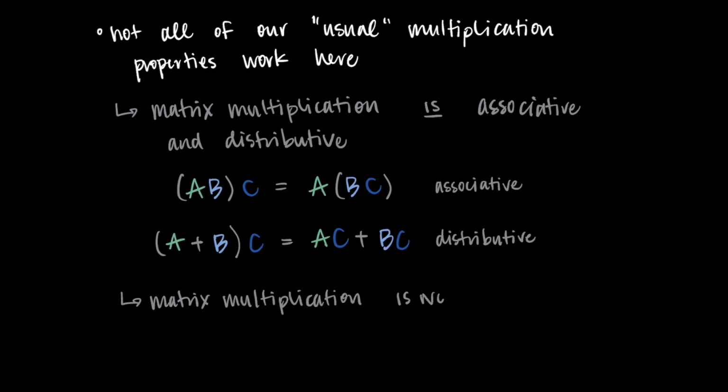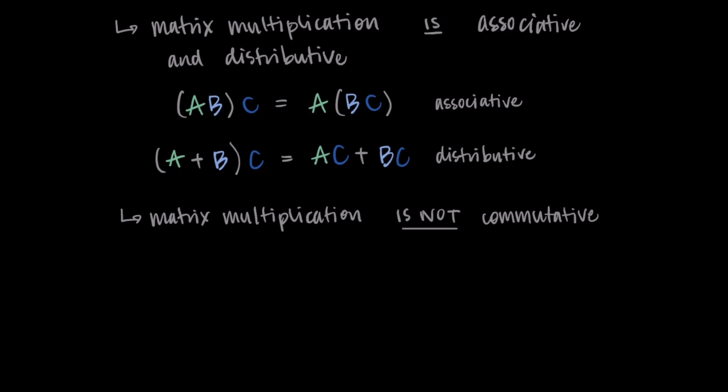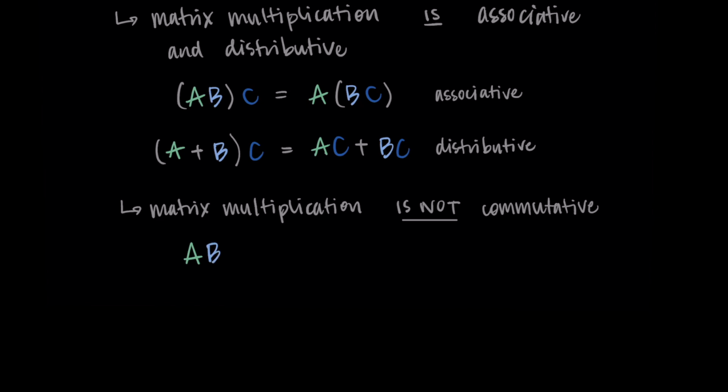However, matrix multiplication is notably not commutative. Commutative means that we can swap the order of multiplication. So we cannot assume that A times B is equal to B times A. These things are not equal except in special circumstances. This should especially stand out because if you think about the dimensions needing to match, there are going to be cases where if you swapped the order, we can't even compute the matrix multiplication.